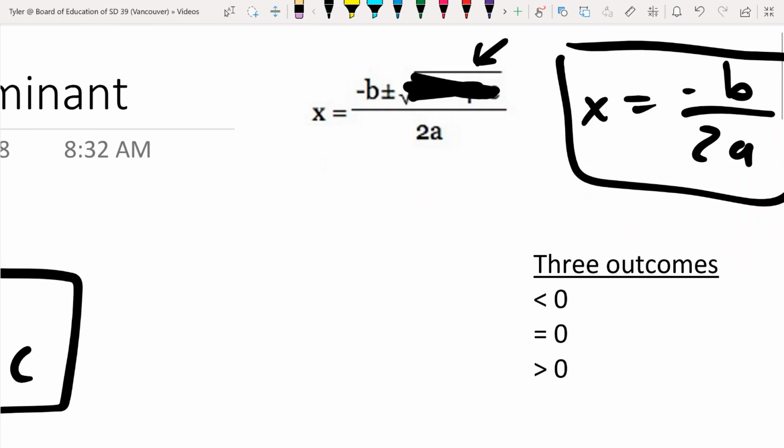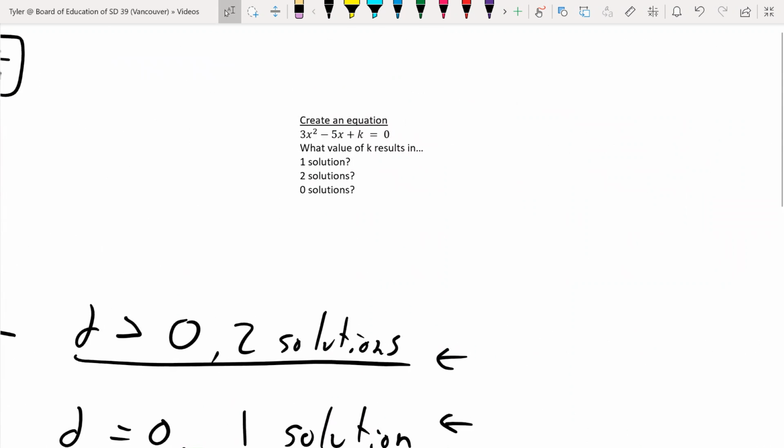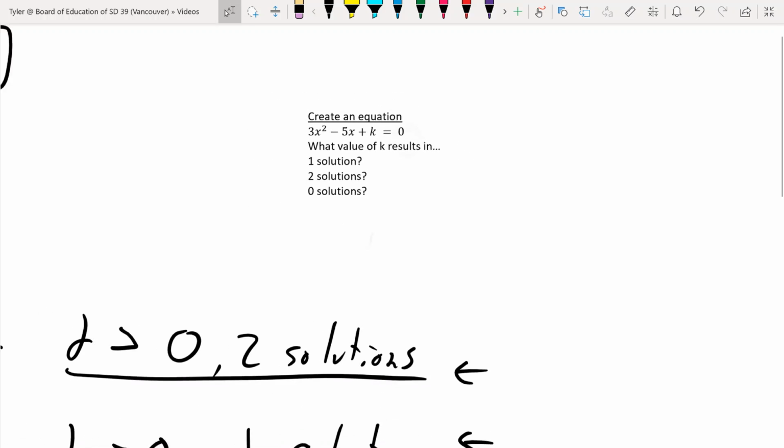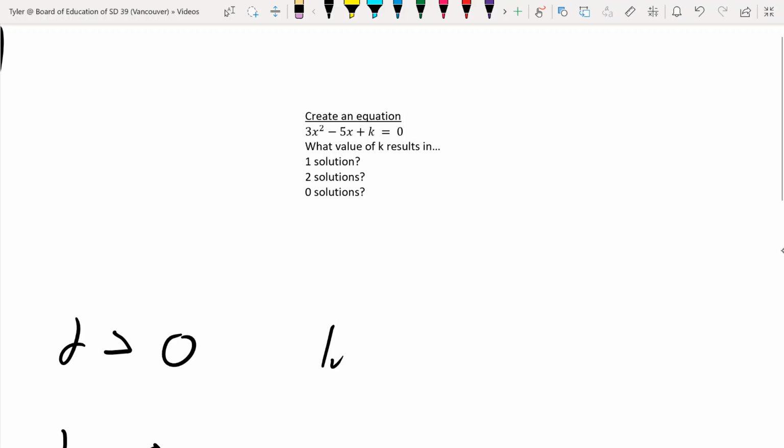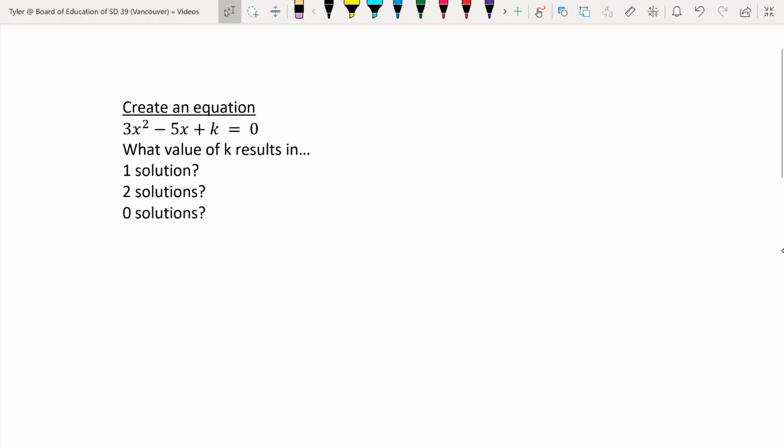There is one other weird type of question your textbook gives you. It gives you situations where it asks, what's the value of k if you have 1 solution, 2 solutions, 0 solutions.